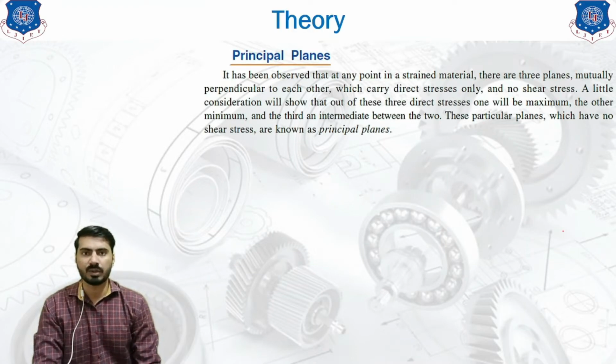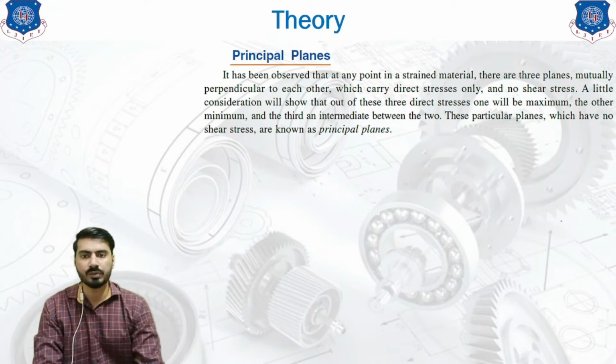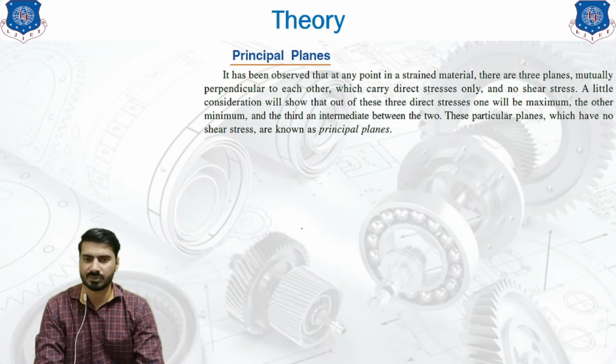So first of all, we need to understand the definition of the principal plane. So how do we define the principal plane? Whenever a body is subjected to any kind of stress or strain, it is observed that there are three planes mutually perpendicular to each other which carry the direct stress only.